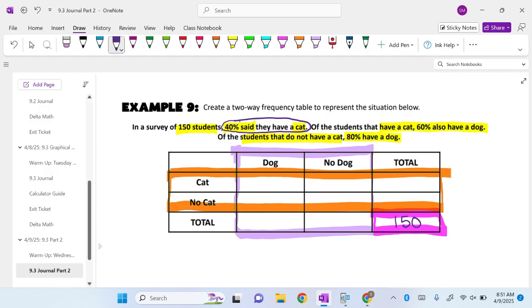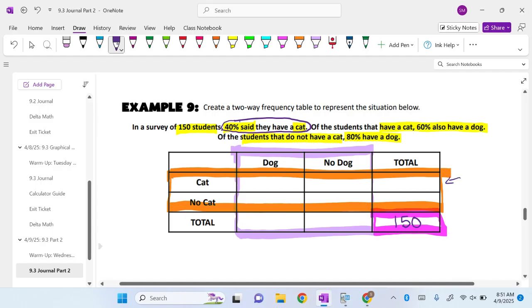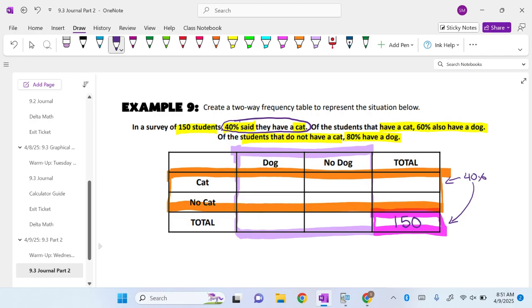Because if I find 40% of 150, so 40% of this 150 have a cat, that means that number would fill in which one of these squares? The cat what? Total. So we can get the cat total from the 40% of 150. How do I find 40% of 150?